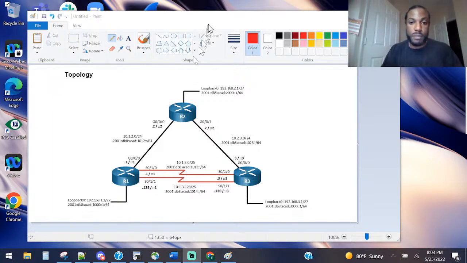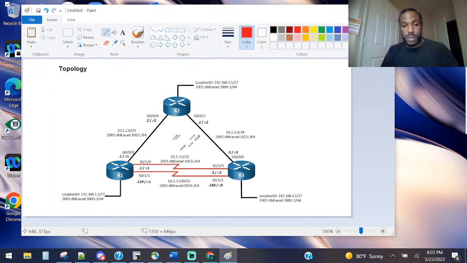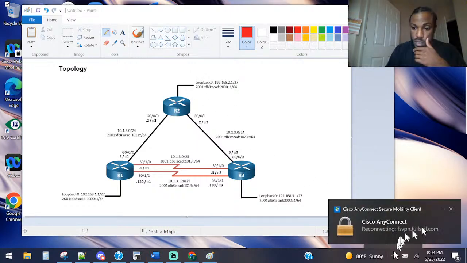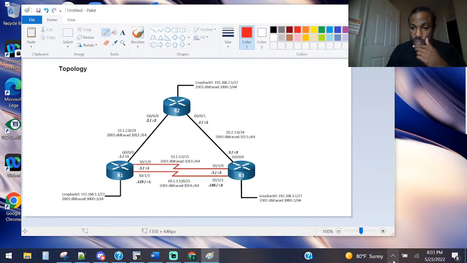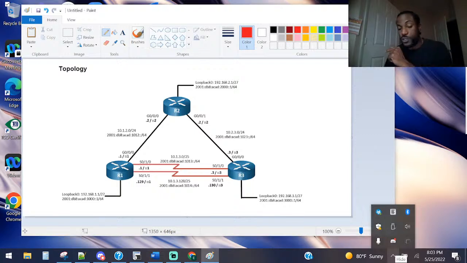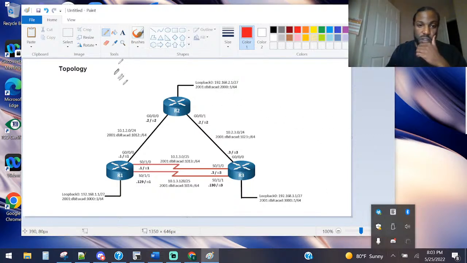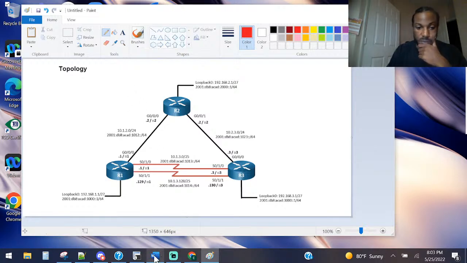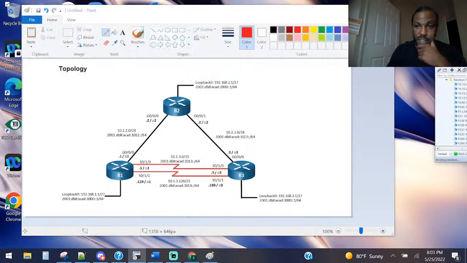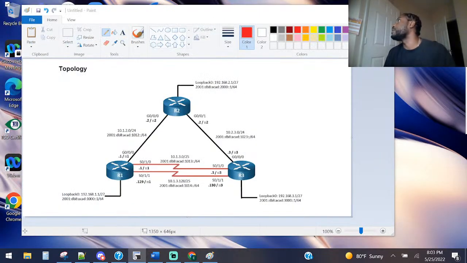Can't wait till I move and I get more desk space. What was I gonna do with this? I need to turn that off. Let me go ahead and disconnect that. I see why that's happening though, because I got a local. I got my terminal server plugged in, but yet I'm VPN to another network. What was I gonna do here? Let's make sure that we are tuned in to. Where's my terminal server?